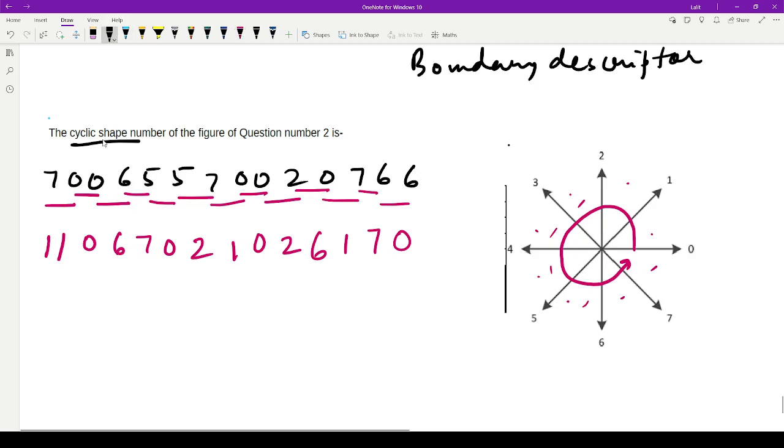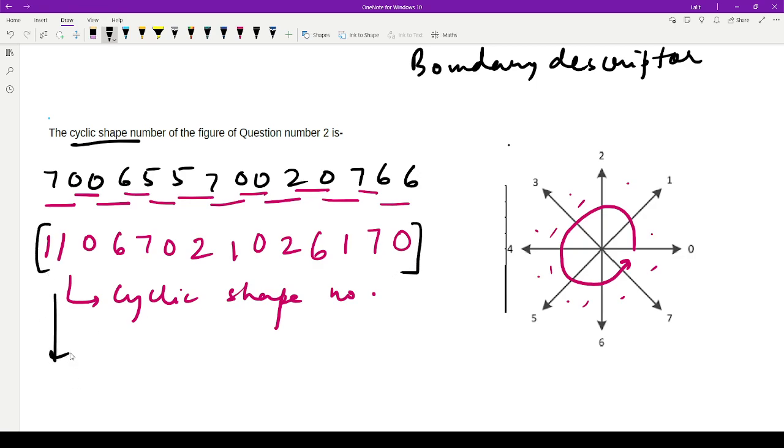So now, this is the cyclic shape number, sorry, not the chain code. Not really, but this is a model of the cyclic shape number.